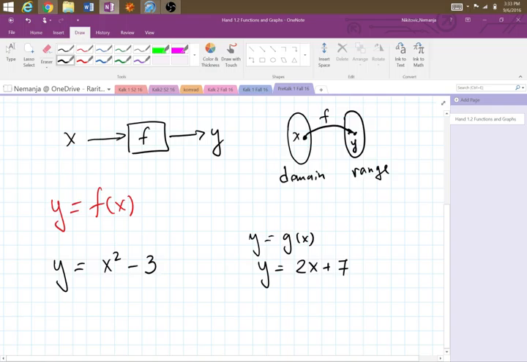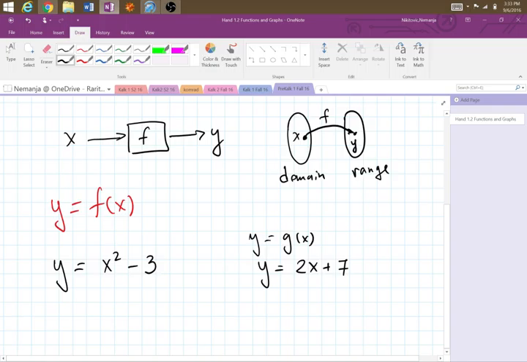Now, from problem to problem, we will clearly recycle f of x every time. But within the same problem, if you have multiple functions, it will be f of x, g of x, h of x, and so on. And this notation here shows us what the input variable is, and the function will operate on that input variable to change it into a y.